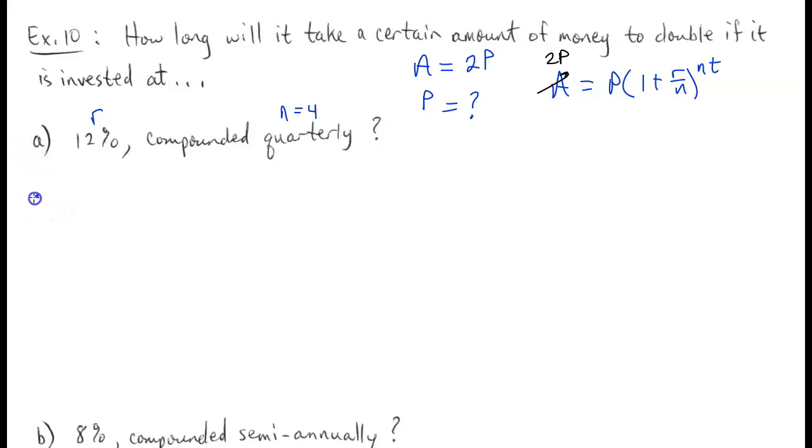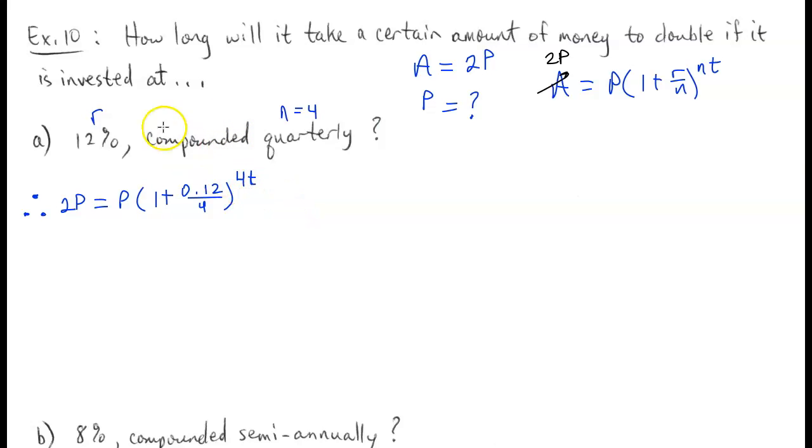So if we do that, then we know that 2P is equal to P times 1 plus 0.12 divided by 4, and all that raised to the 4 times T, because that's what we're trying to figure out, how long it will take. Okay, so I'm just going to write this as 4T.